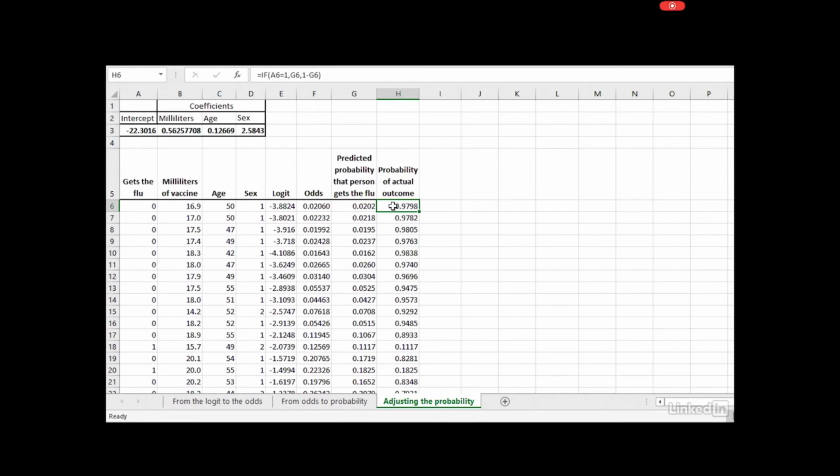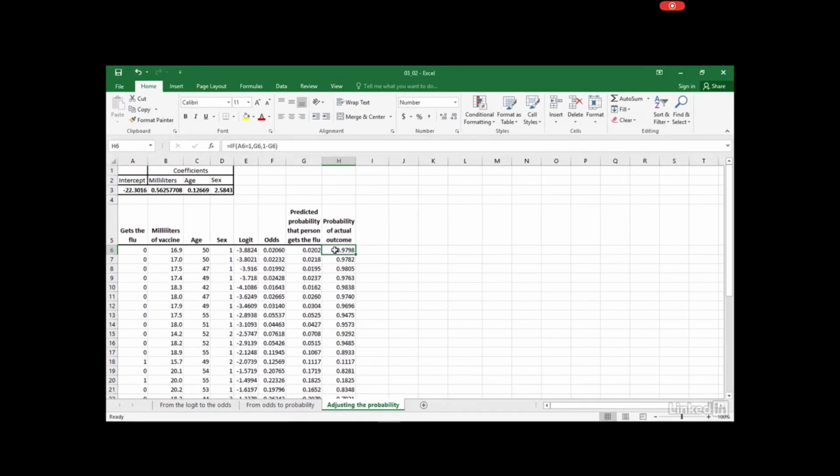If A6 equals 1, that is, if the person did get the flu, then use the probability that you find in cell G6. Otherwise, if the person does not have a 1 in cell A6, use 1 minus G6, which is the probability that he did not get the flu. And again, that's the actual outcome in this particular case. So the next lesson discusses how to assess the accuracy of the overall regression equation.